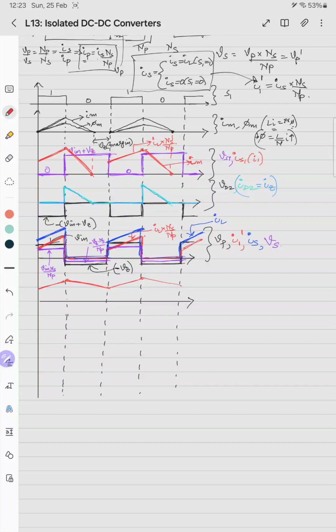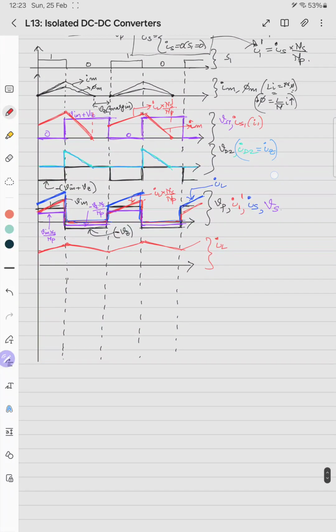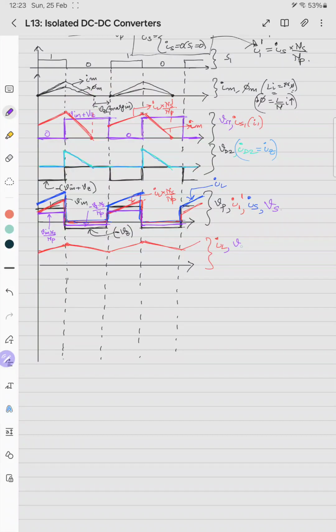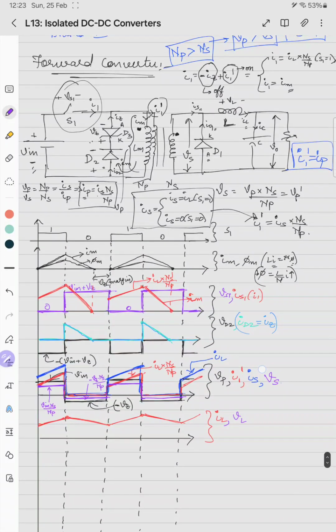The inductor is sufficient so that it is in continuous conduction mode. This is IL, that is nothing but this inductor current, comma VL.